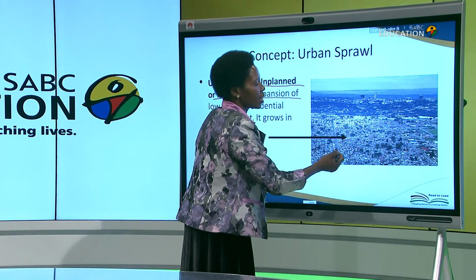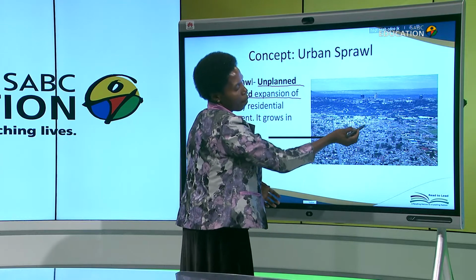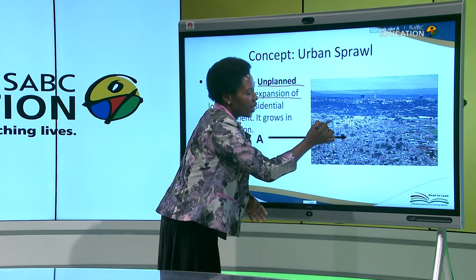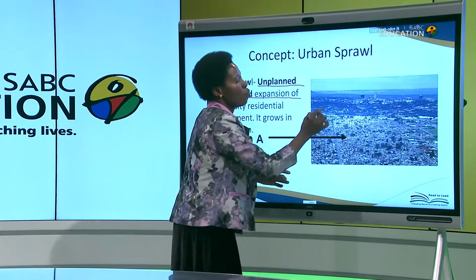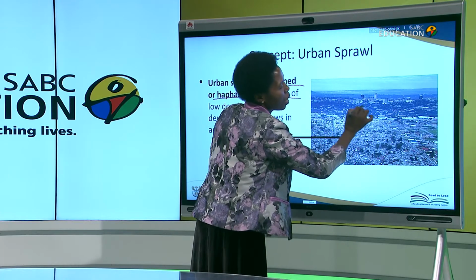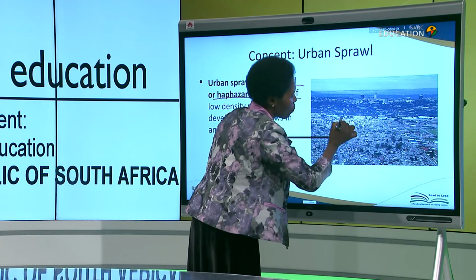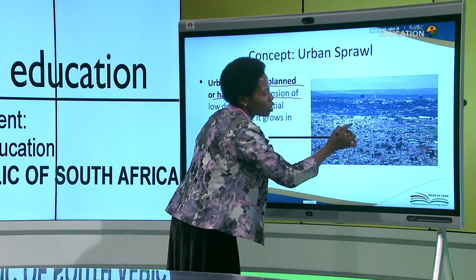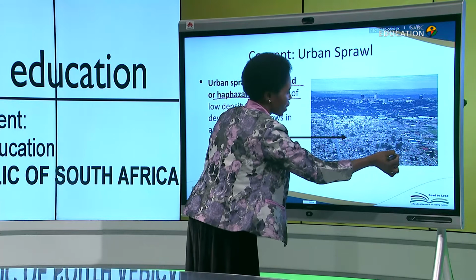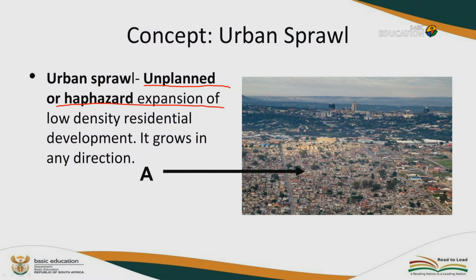Most of the people who are building here build along the road, which means they divert from the plan of the city. The city was supposed to have its own planning. So people come and build anyhow. So this one grows in any direction. That's how we explain urban sprawl.